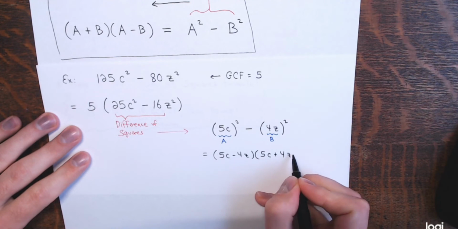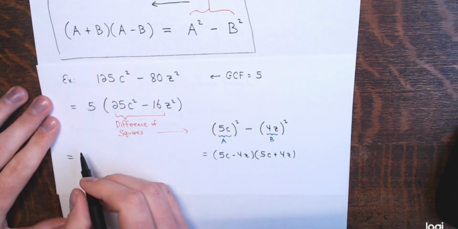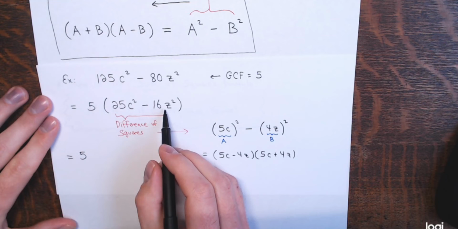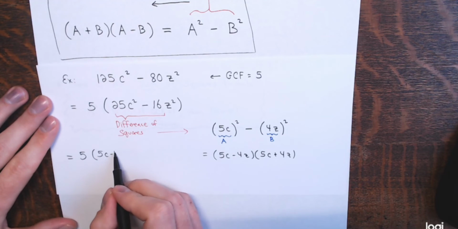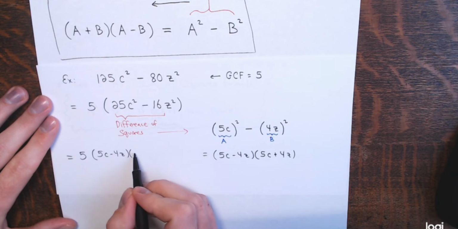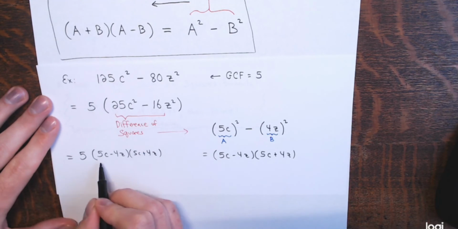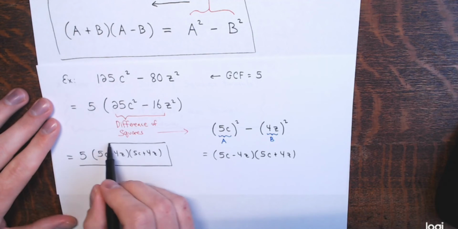And there we go. But don't forget the factor of 5 though, right? So the 5 I pulled out, so we still have that factor. And then this 25c squared minus 16z squared, difference of squares, factors to 5c minus 4z times 5c plus 4z, or 5c plus 4z times 5c minus 4z, right? Remember, it doesn't matter what order the factors come in. But there we go.